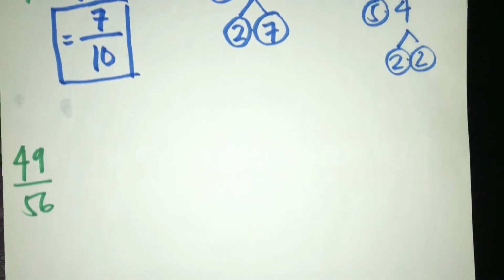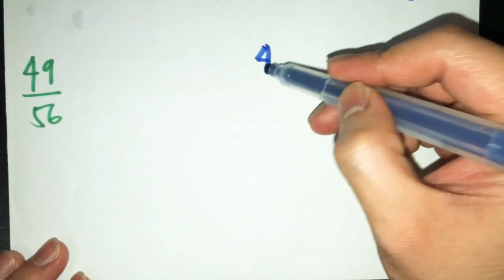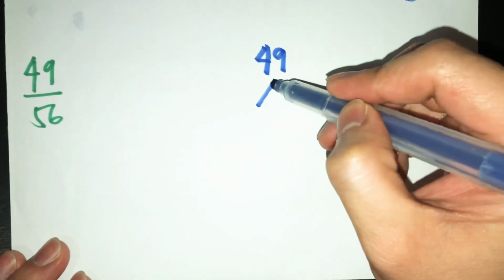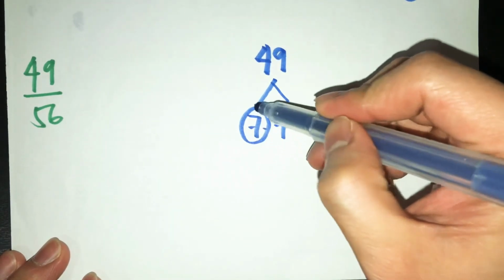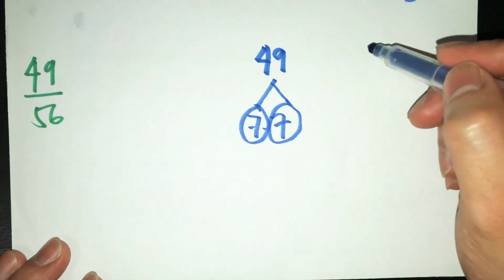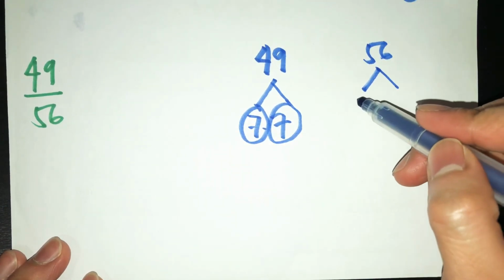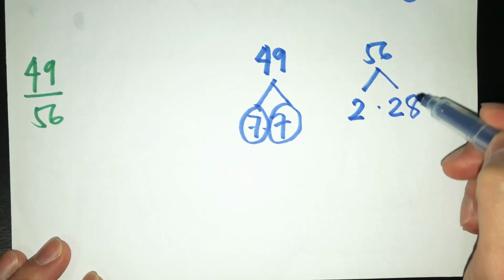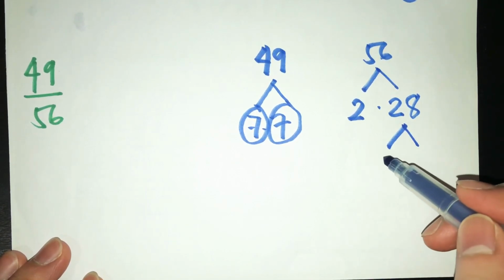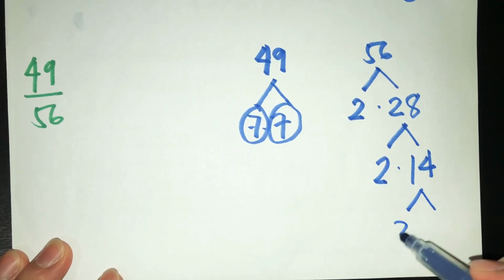And for our last problem, we have 49 over 56. Factor out 49, and you have 7 times 7. Then for 56, we have 2 times 28, then 2 times 14, then 2 times 7.